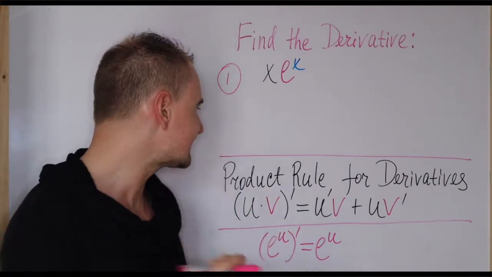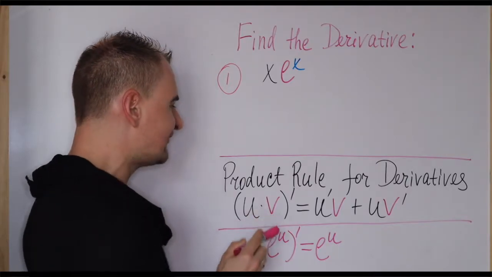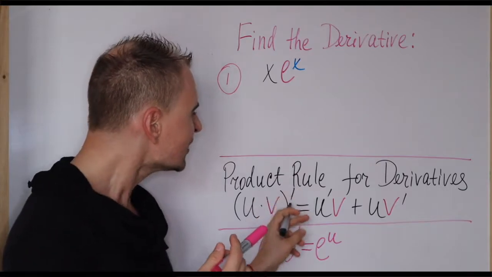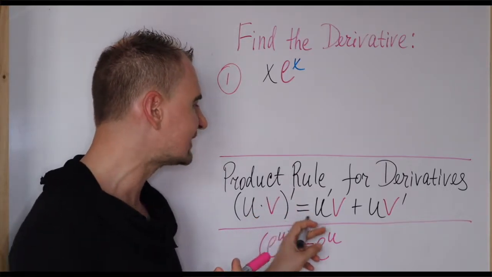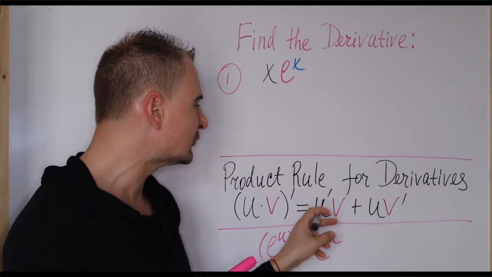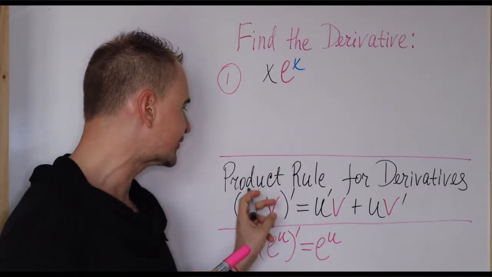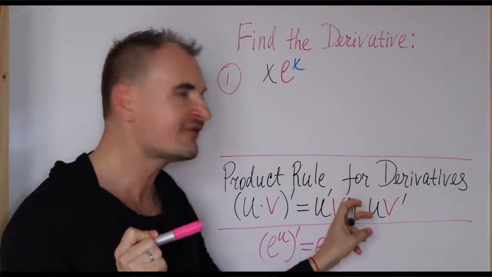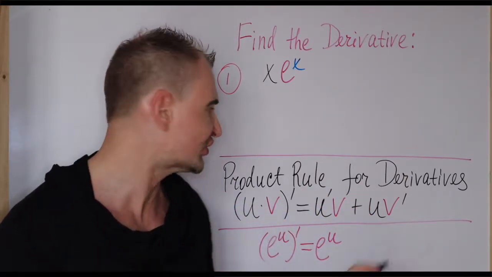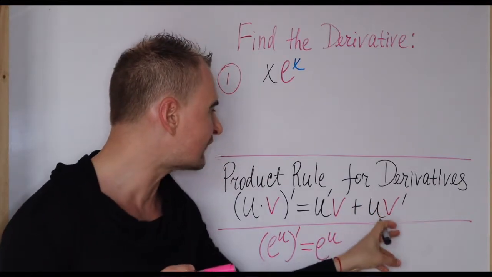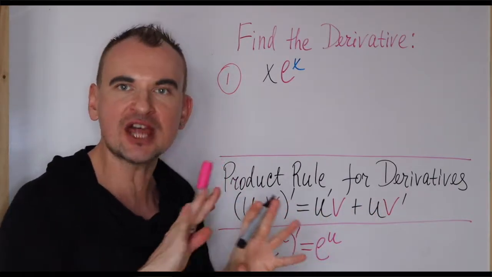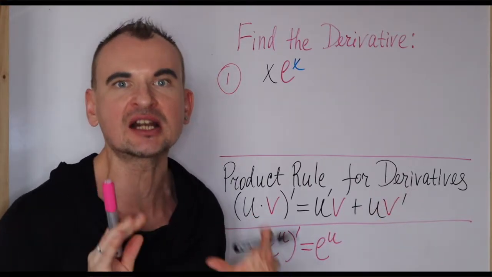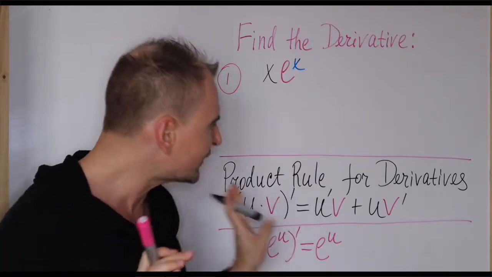And all it says is, if you have u times v, two algebraic expressions being multiplied together, the derivative of this product is u prime v, so you take the derivative of the first function times the second function v as it is, plus the first function u as is, without any changes, times the derivative of the second factor v prime. So this is the product rule.